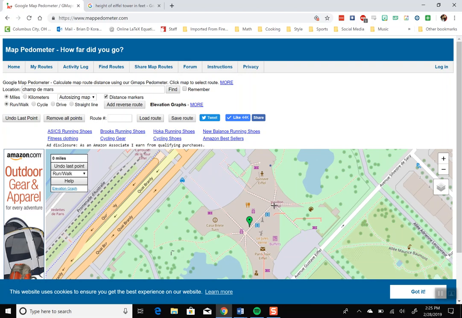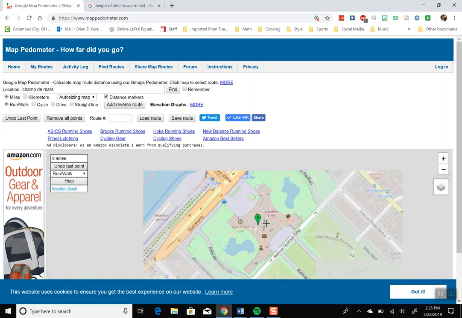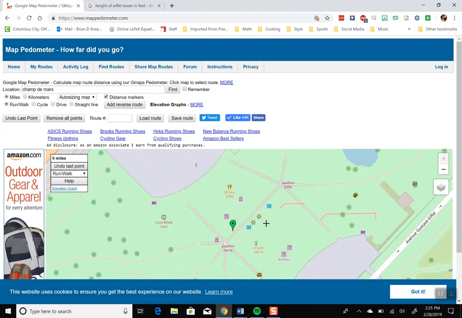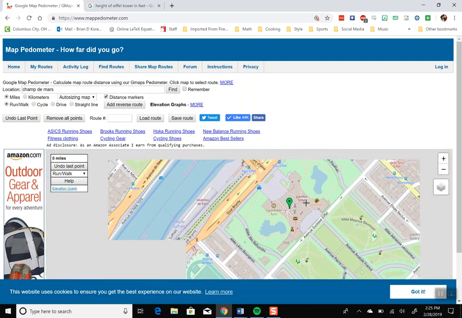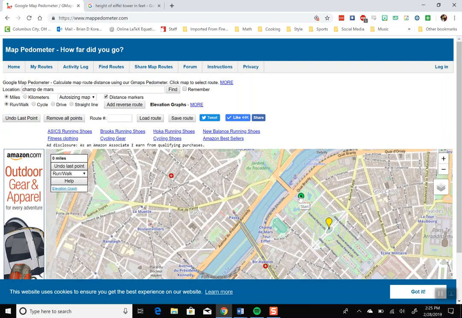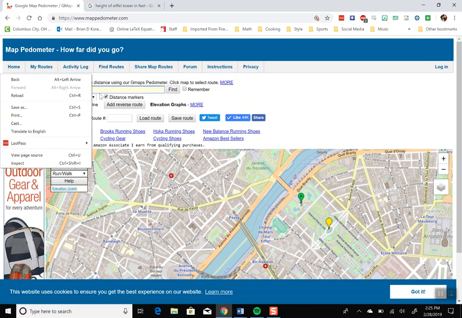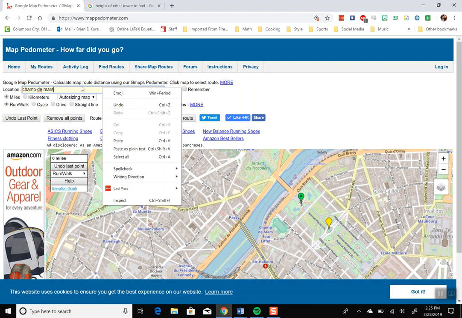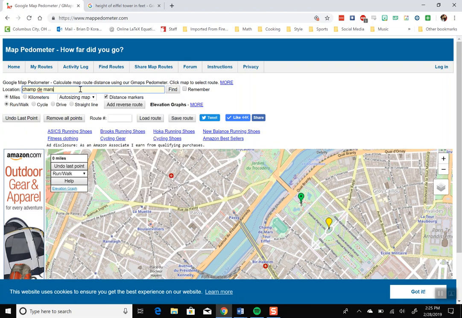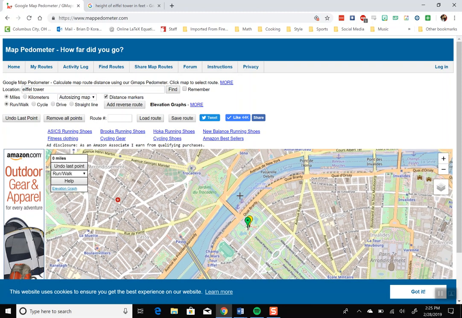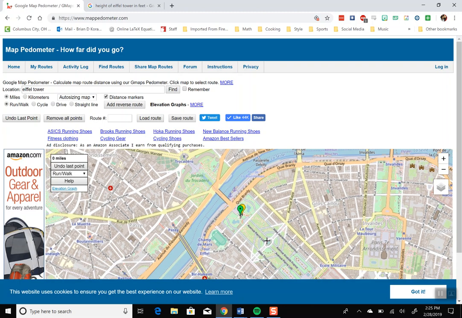There's a pavilion for the Eiffel, and that little symbol right there is the Eiffel Tower itself. And you didn't have to look up the park too. You could have done just the Eiffel Tower. So Eiffel Tower, either one. That's the Eiffel Tower right there, basically the same location.